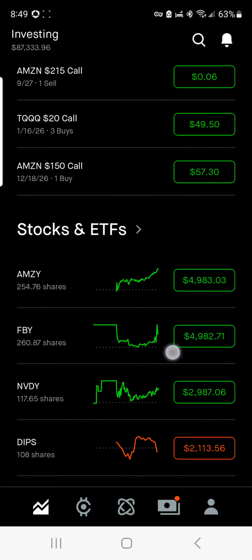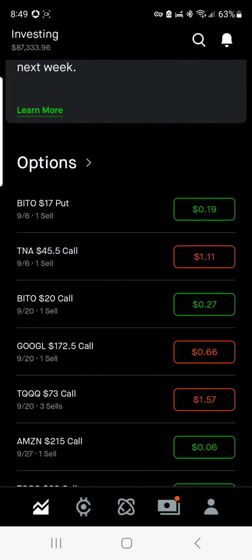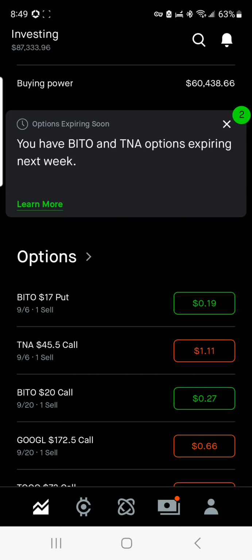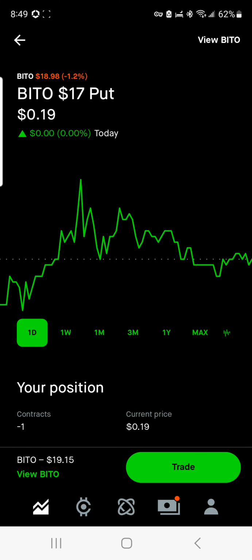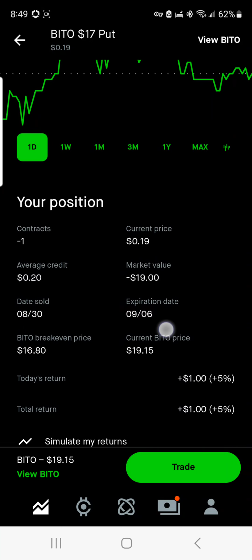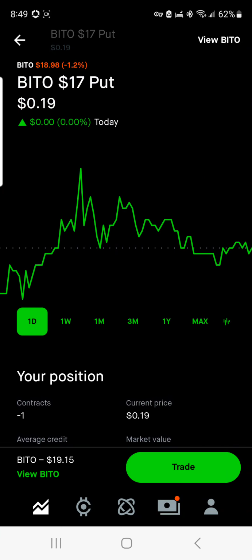I'm down about $100, but I've more than compensated for that, and I'm only down if I sell it. As a matter of fact, I'm trying to increase my position, so I put on a $17 cash secured put expiring next week, and it was a $20 credit. That's greater than 1% return in a week.